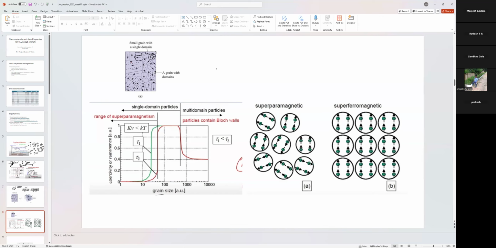If the grain size is larger than around 100 nanometers, you're in the multi-domain region. So each grain has multiple domains. This is a multi-domain region.